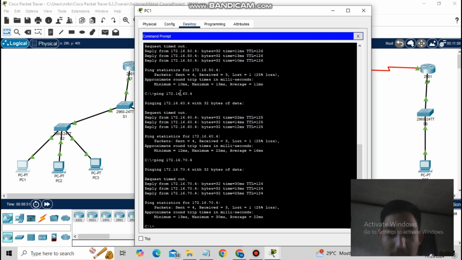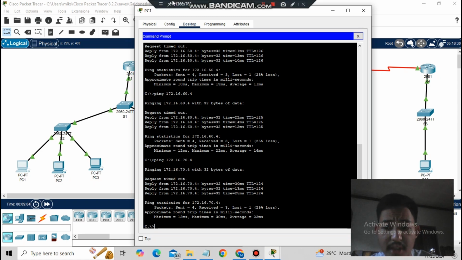And we also got a 75% success. So now we know that our PCs in our first network, the network assigned to router 1, can ping their interconnected hosts.